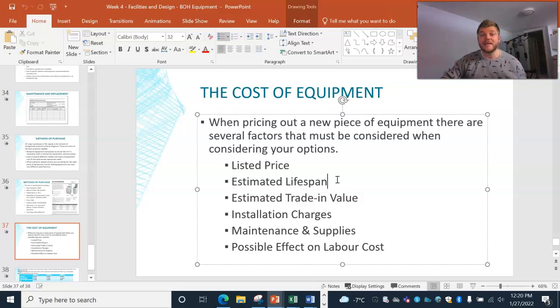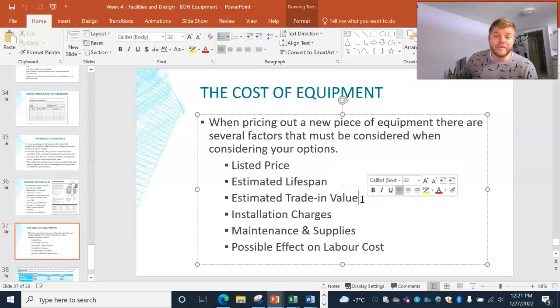So a $10,000 piece of equipment that lasts 10 years, I don't think of it as a $10,000 piece of equipment. I think of it as $1,000 a year to use this piece of equipment, as long as I take care of it properly.